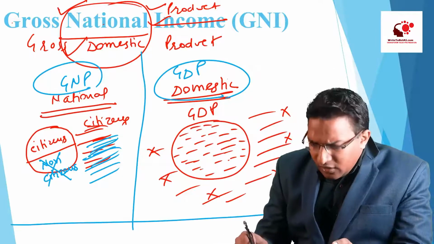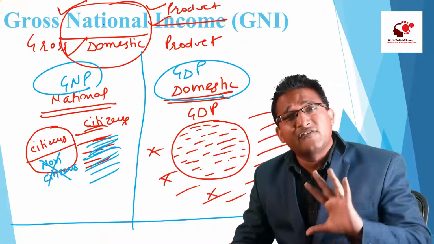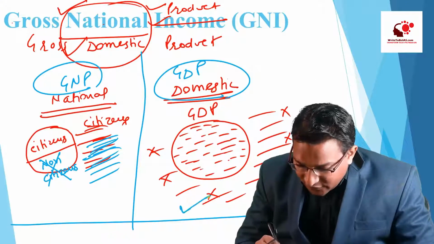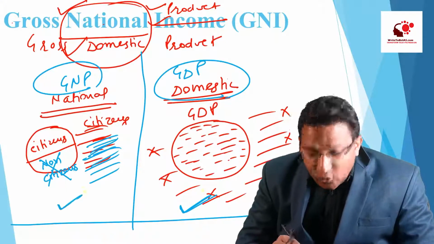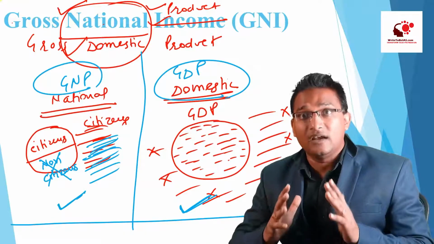Now, it might look like this is the difference of coverage, because in the GDP we are covering the domestic area, in the GNP we are going beyond the domestic area. But friends, let me clarify it.